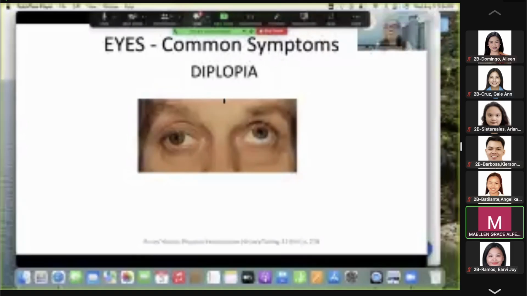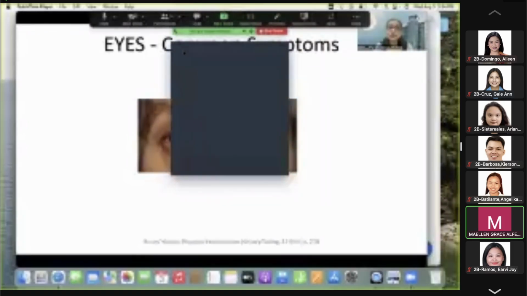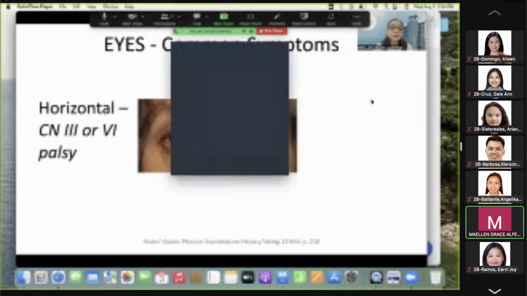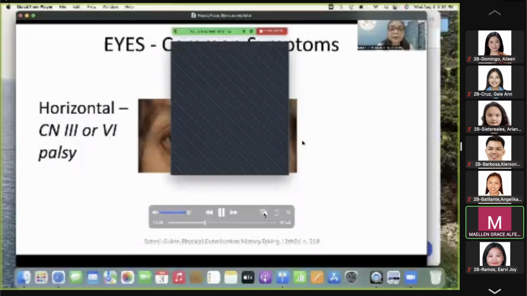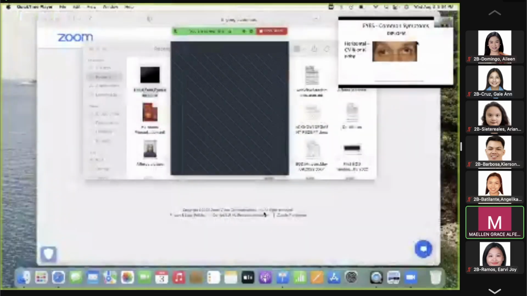Now, diplopia or doubling of vision can be horizontal. So if you look at the eye here, the eye is already going laterally.